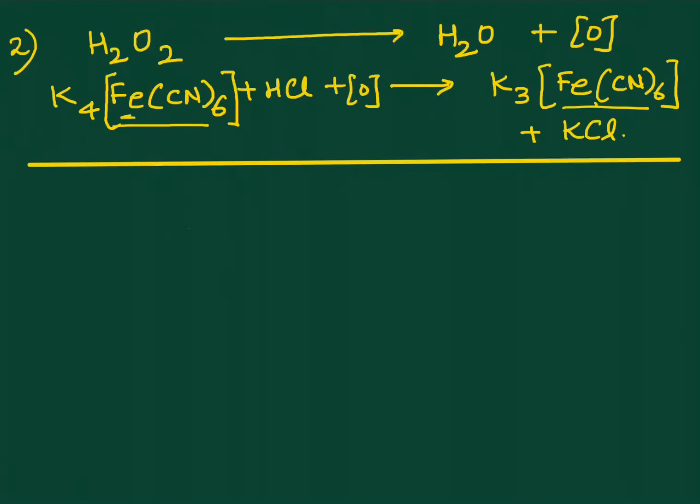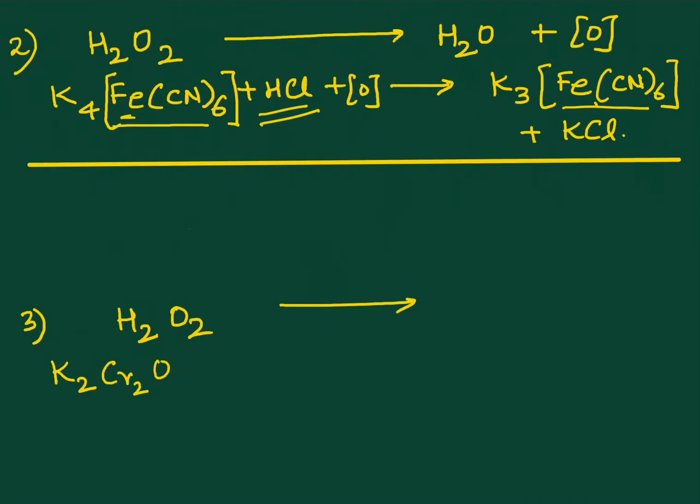Should I give you the third equation as well? Okay. Third equation. Now go on to write the hydrogen peroxide breakdown yourself. And again, you see here we had an acid taking part in the reaction. In the third equation that we are going to write, again there is an acidic medium. So you remember we use acidified potassium dichromate to test a gas like sulfur dioxide.